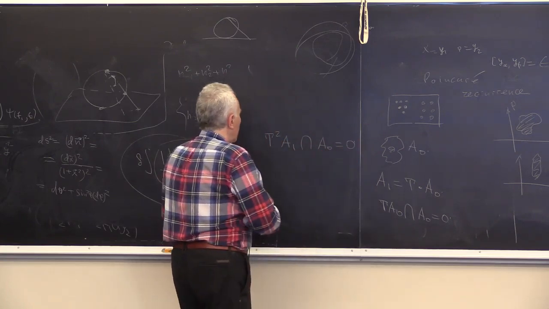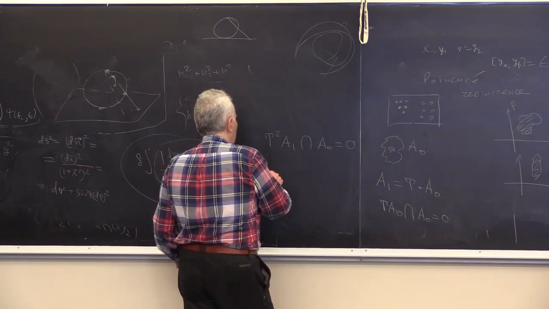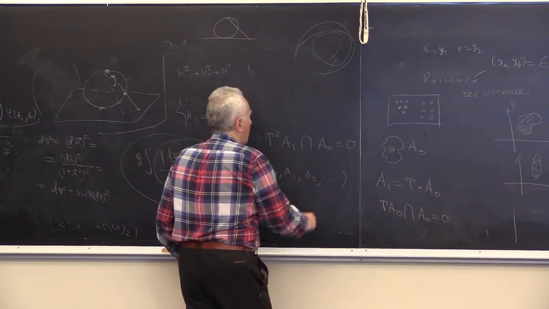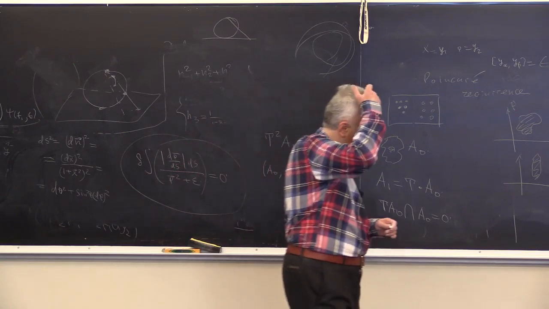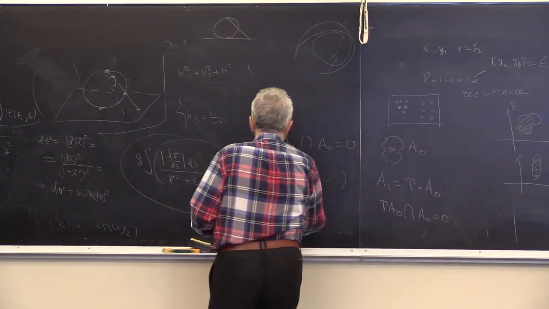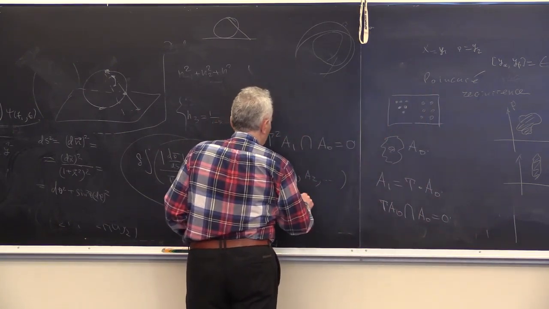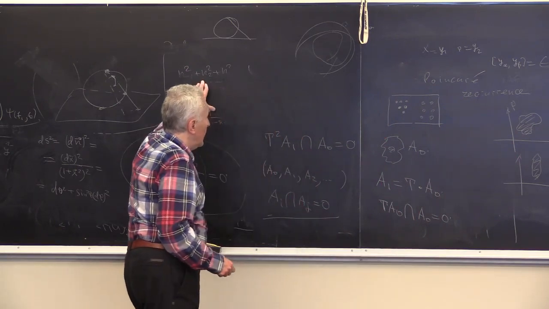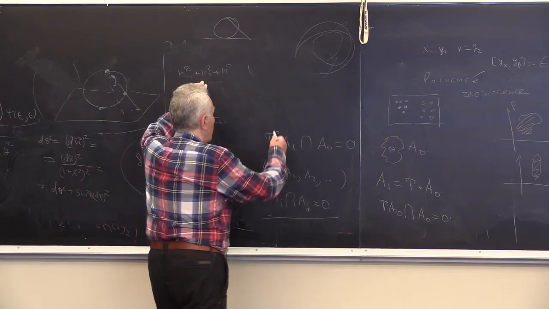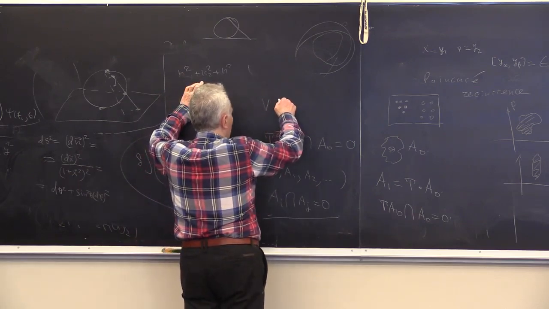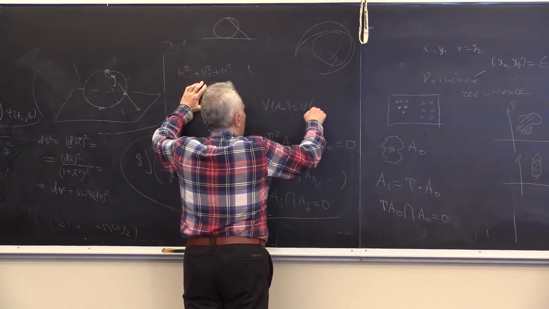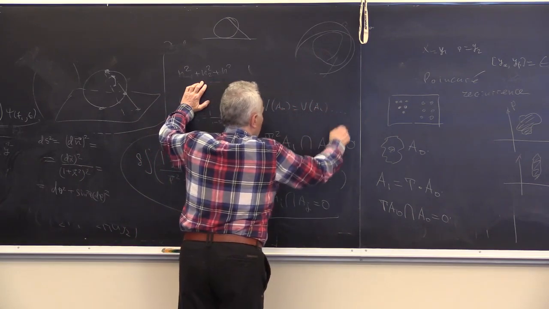As a result of this construction, we'll get domains A1, A2, etc., all of them not intersecting. So A_i intersection A_j is 0. And all of them have the same volume. So the volume of A0 is equal to the volume of A1, and so on.